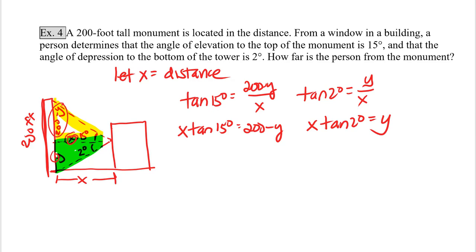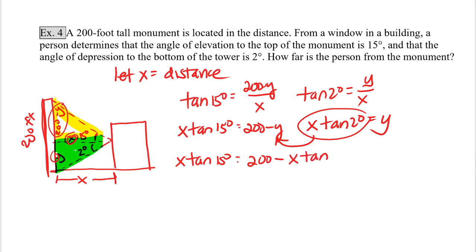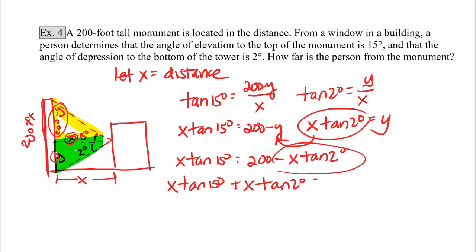And now what I'll do is substitute this in for y in the first equation. So x times the tangent of 15 is equal to 200 minus x times the tangent of 2 degrees. I'll add this to both sides and I'll get x times the tangent of 15 plus x times the tangent of 2 is equal to 200.